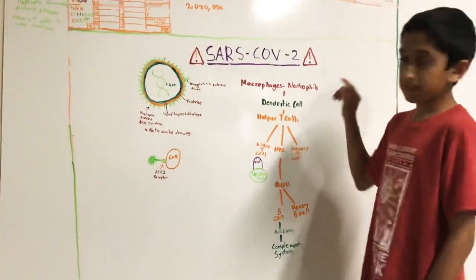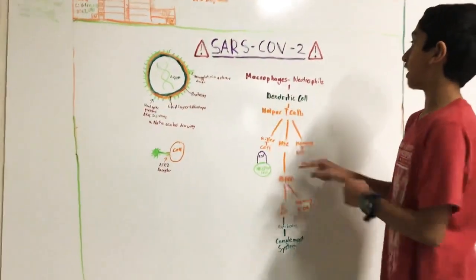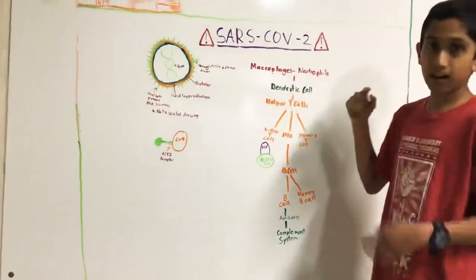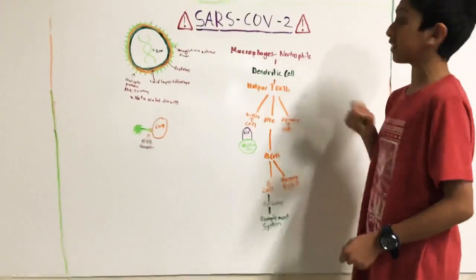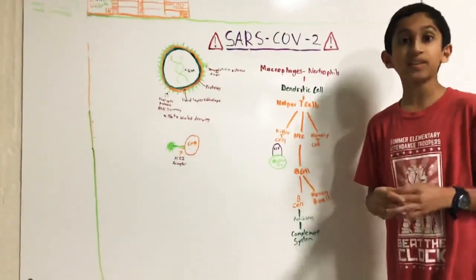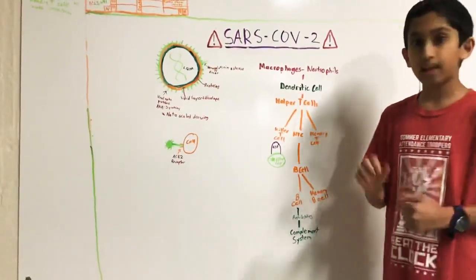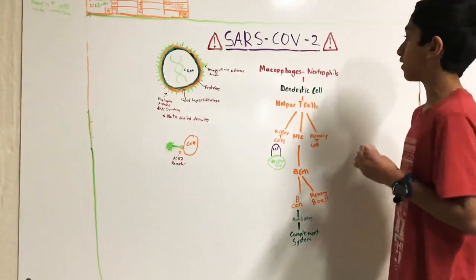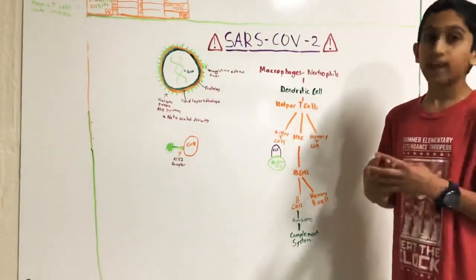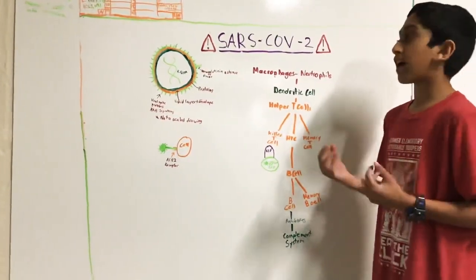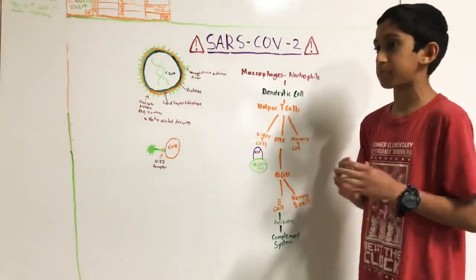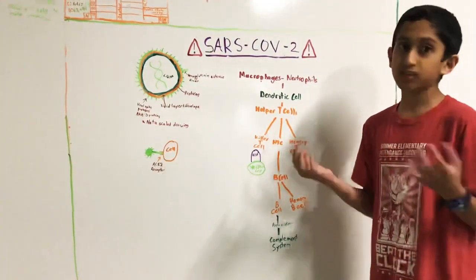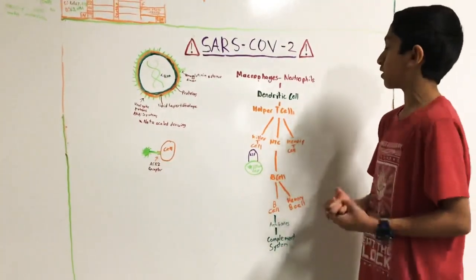Well, the first line of defense we have are the phagocytes. The first phagocyte that comes to our defense is pretty much everywhere in your body. They're called macrophages. Now macrophages are pretty big cells, about 21 micrometers, and what they do is they try to engulf the pathogen and digest it with enzymes. That way the pathogen can't do any harm to you.